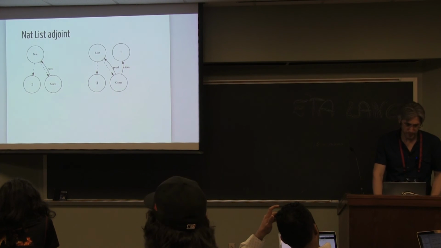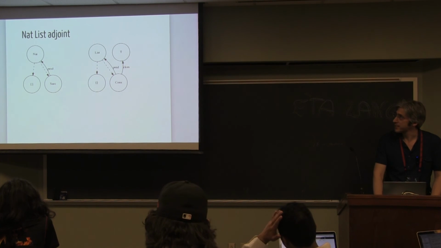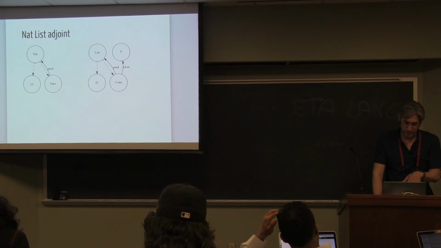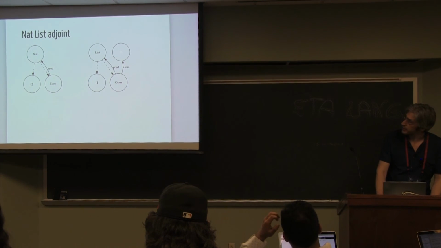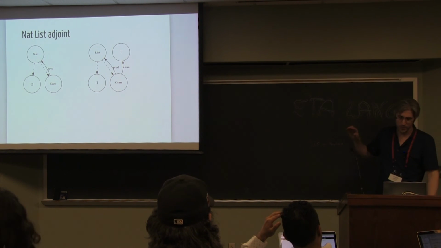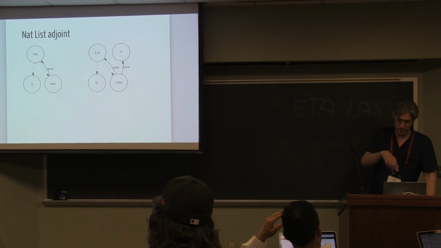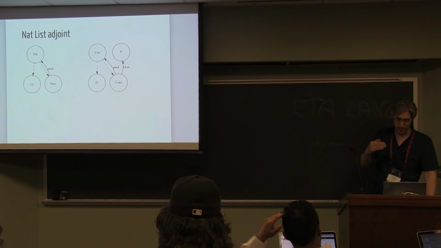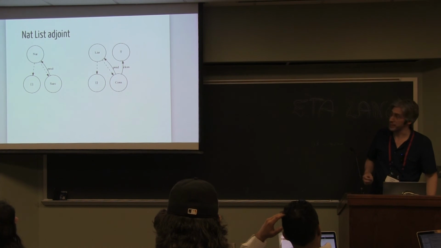And there is the naturals and list adjoint, where we see that most of the structure is shared, and the element on each cons. If we forget about that, we simply have a series of objects with a cardinality that equals the number.